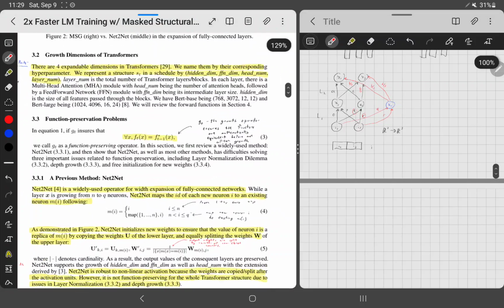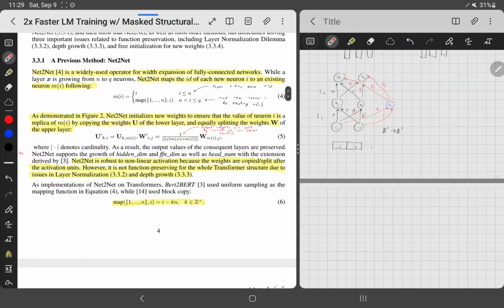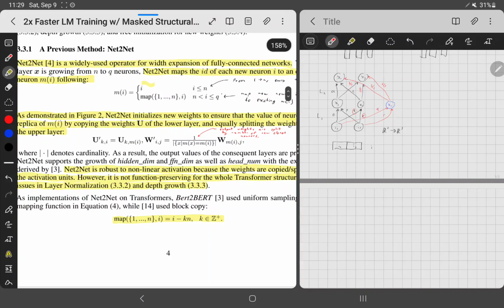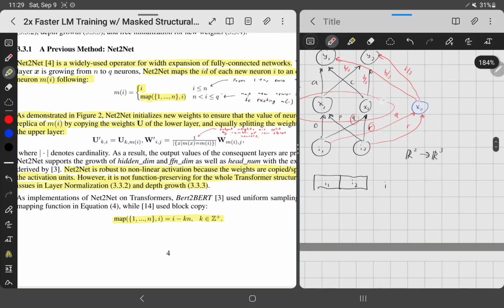So go here. This was the previous method, and you can see you can arbitrarily grow this. So you have your old weights here, and your new weights are mapped in some way. You take your old weights, leave them the same, and you take your new weights here and map them to one of the old neurons here.